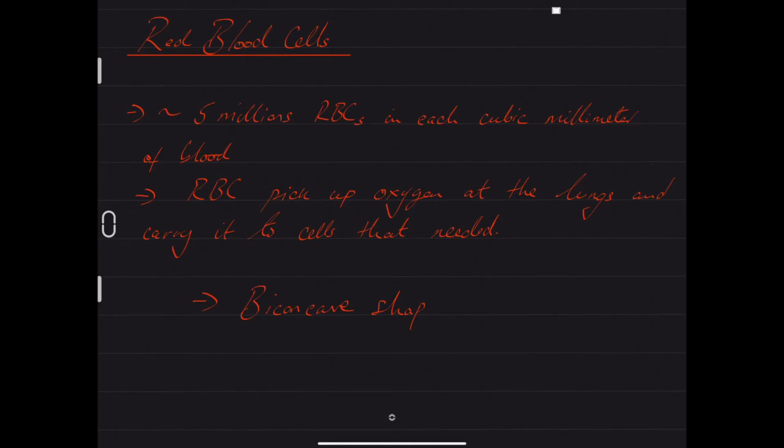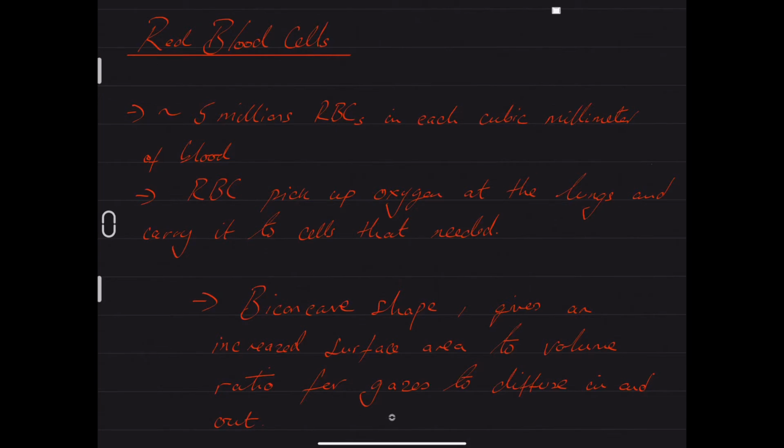So a biconcave shape gives an increased surface area to volume ratio for gases to diffuse in and out.